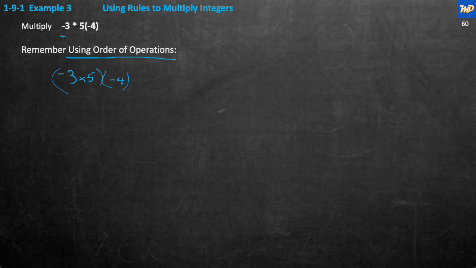Negative 3 times 5 is negative 15, because a negative and a positive form a negative, and 3 times 5 is 15, and that is times negative 4. And now negative 15 and negative 4 together, two negatives, make a positive, and 15 times 4 is 60. So the answer is 60.